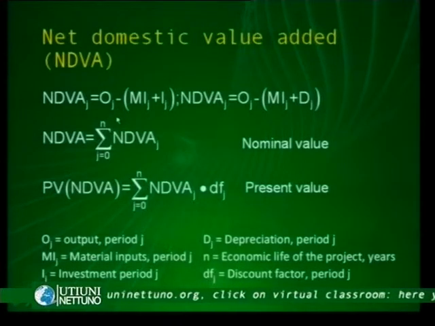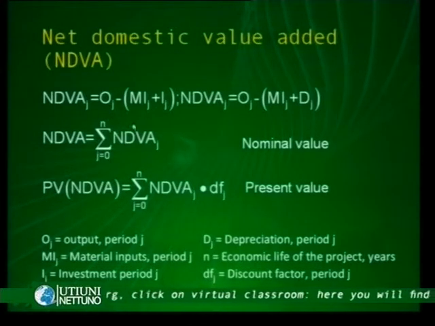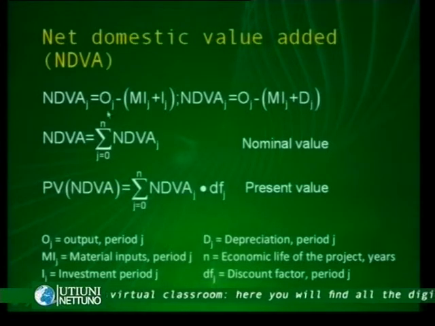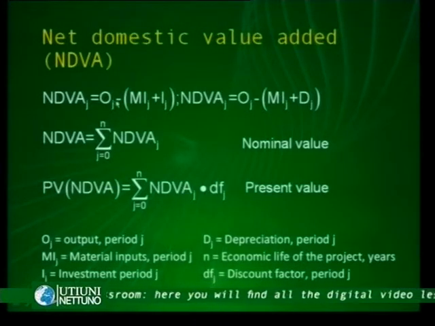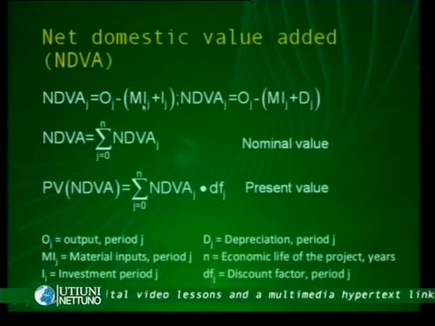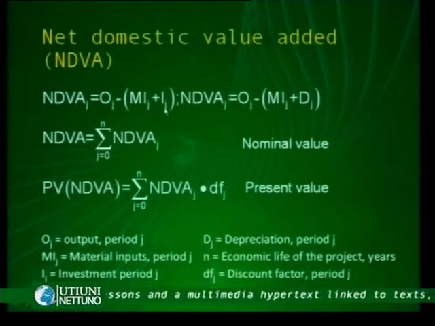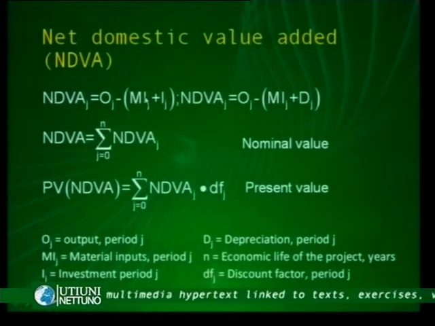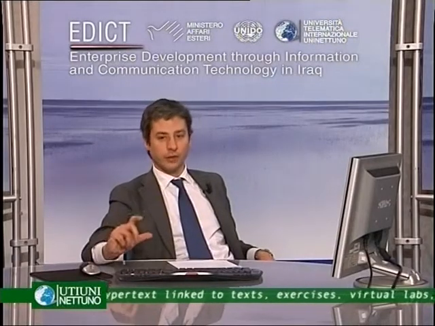In case you are adopting a dynamic view, that is the first expression, you have the level of output of the project at time j minus the total expenditure for material inputs at time j and the investment made at time j. So in a dynamic view, we are not looking at the depreciation for that particular period, but at the moment when the investment occurs, when you pay for the investment. Here you are subtracting the whole investment and not the depreciation from the output.